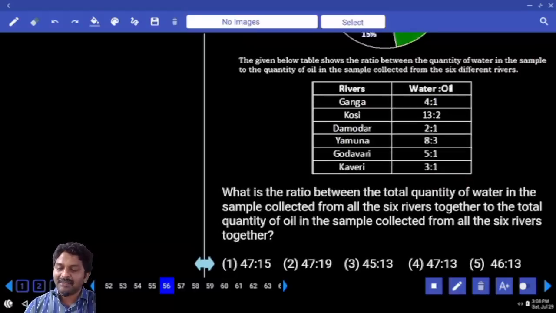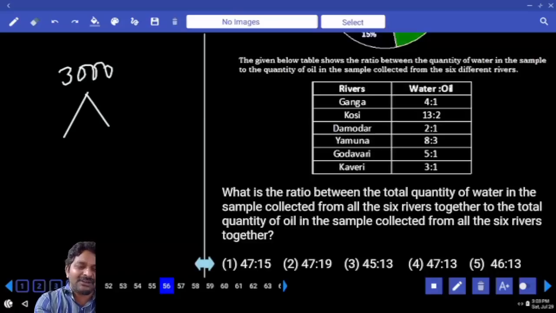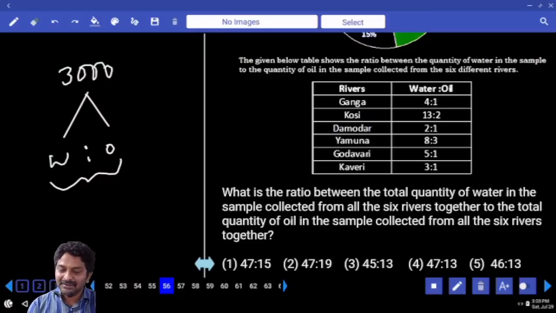To save your time, what you can do is, how much is total water and oil together we have? All 6 rivers together. That means in 3000 only we have water and oil, right? Sum of these two in terms of parts must be a factor of 3000. Let's use that. How many parts you have? First option is 62, factor of 3000?